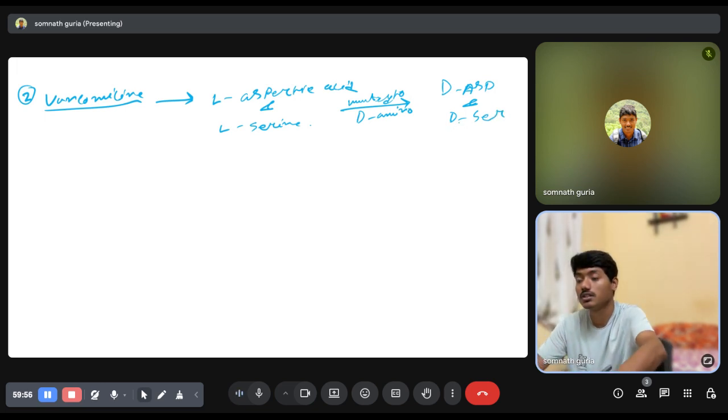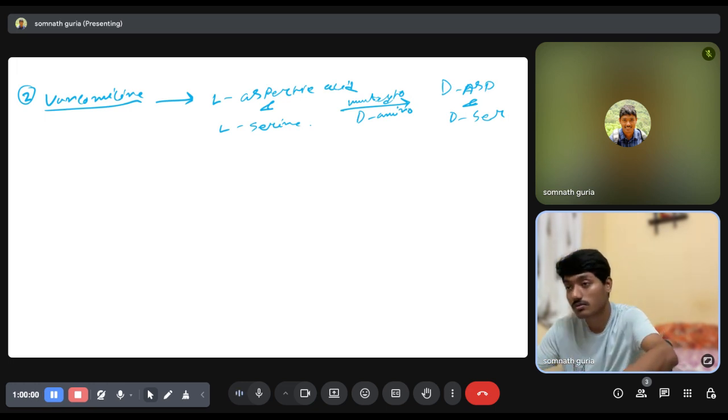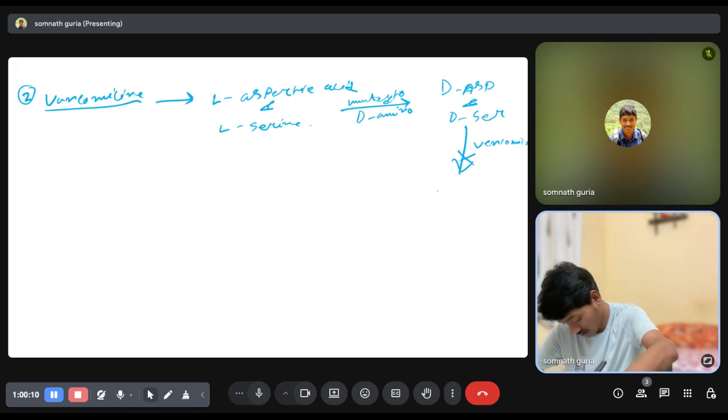Now this vancomycin cannot work over here. Vancomycin will not work. That means the tolerance level of the bacterial cell actually increases, and the bacteria survive.